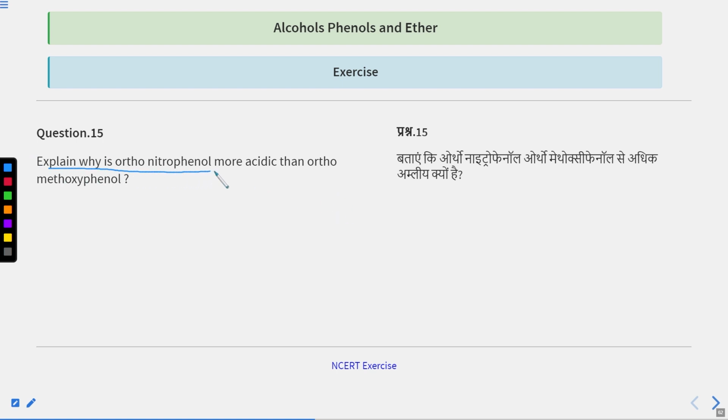Explain why orthonitrophenol is more acidic than orthomethoxyphenol. So orthonitrophenol we have OH here, nitro here. This is orthonitrophenol, and this is orthomethoxyphenol.